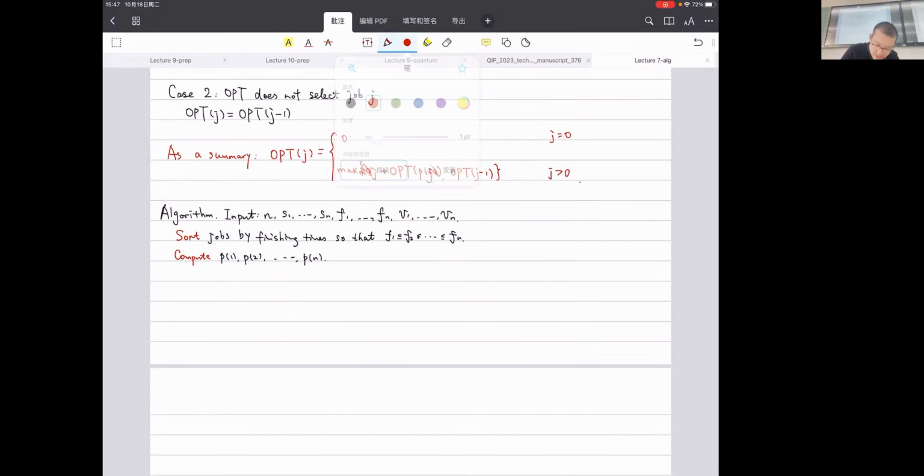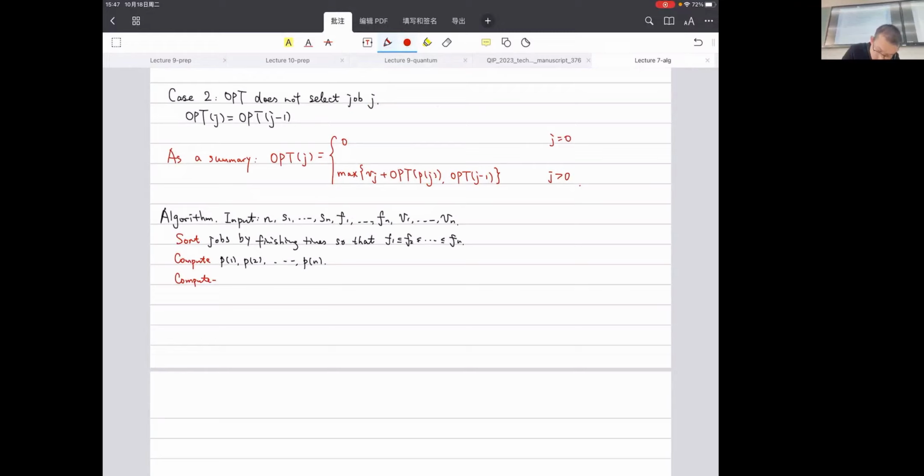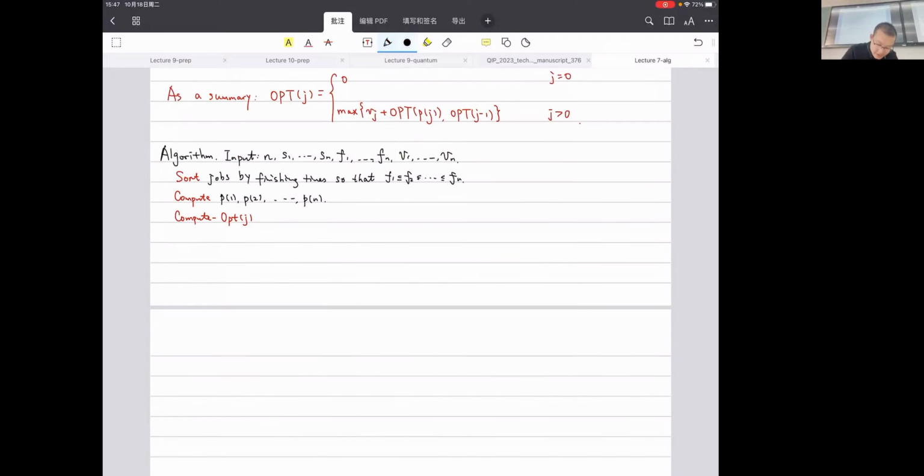So the recurrence part, we can just write down. We know that the optimal values have such a recursive relationship, so we can call this a function, compute OPT j. Honestly, we just write this down: if j equals 0, just return 0. Else, which means j is larger than 0, we return the max of Vj plus OPT Pj and OPT j minus 1.